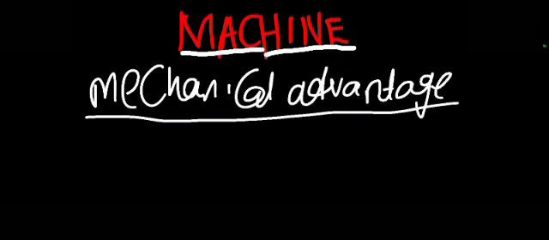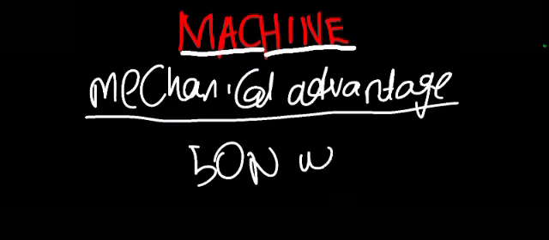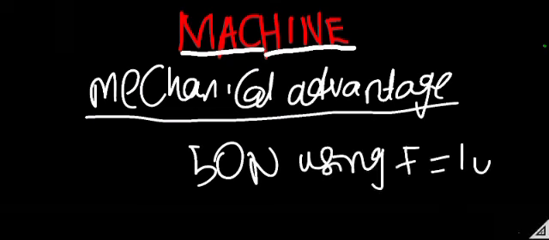For example, I lifted a load of 50 Newton, are we getting it now, by using a force of 10 Newton, which means without me using this machine, I wouldn't have been able to lift this load. But using the machine has been able to multiply my effort by what? 5. So 5 times 10 becomes what? 50.